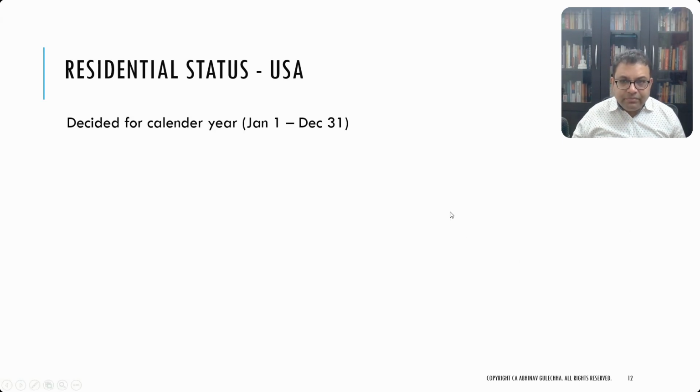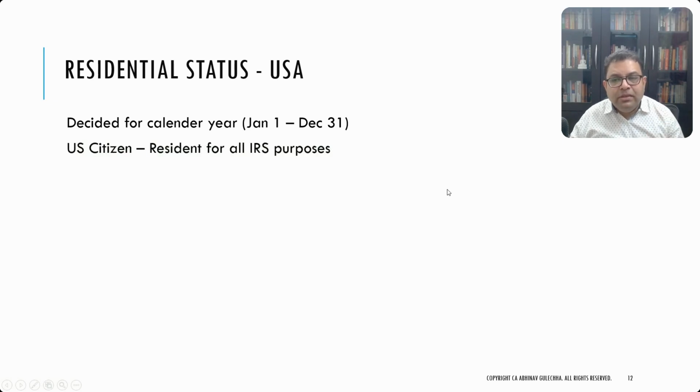Now, see, in India, the residency rules are determined from the financial year, which is April 1st to March 31st. However, in USA, the tax year is the calendar year, which is January 1 to December 31st. Now, a very, very important thing: if you are a US citizen, you are a resident for all IRS purposes. That means for all taxation purposes, you qualify as a resident of USA, irrespective of wherever you live in the world.